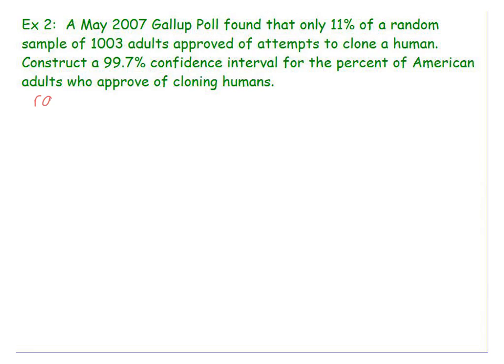So your first condition, was our sample selected randomly? It says right here, random sample, so that's definitely good. 10%. So if we take our sample of 1,003 and add a 0, do you think there is at least 10,030 adults in the world? I would say that's a safe assumption. And then n p hat and n q hat.